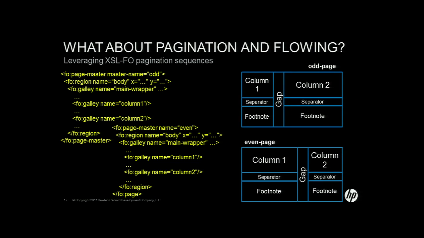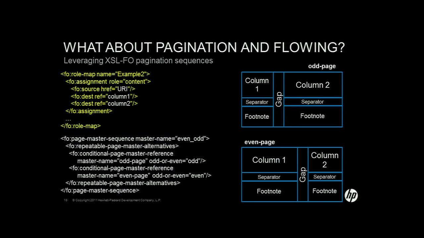For simplicity here, I just contracted the expression of these pages, where it would be a little bit too long. But I have a page master, I have a region, and then I have certain galleys inside, and you can imagine how I have designed those galleys. Once I have these 2 pages, I can simply generate a role map for it, just focusing for now on the content aspect of it, so how the content will move from one galley to another.